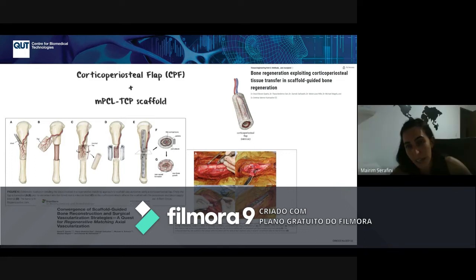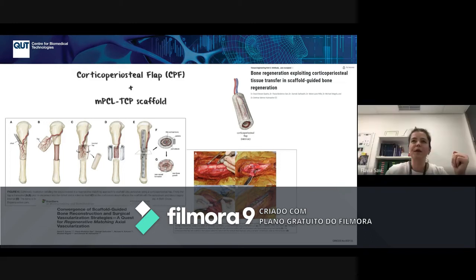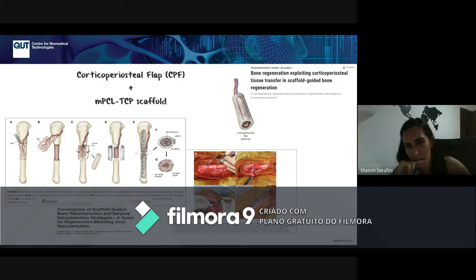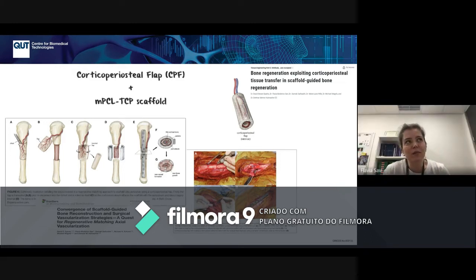And Flavia, Carla is asking if the scaffold is absorbed? Yes. Maybe 2 years later? Yeah, around 24 months. Not completely, but most of the scaffold is resorbed. So the cells go there and start to grow, and the scaffold gives you stability as well, because as I said, when you have loss of bone, you cannot walk, right?